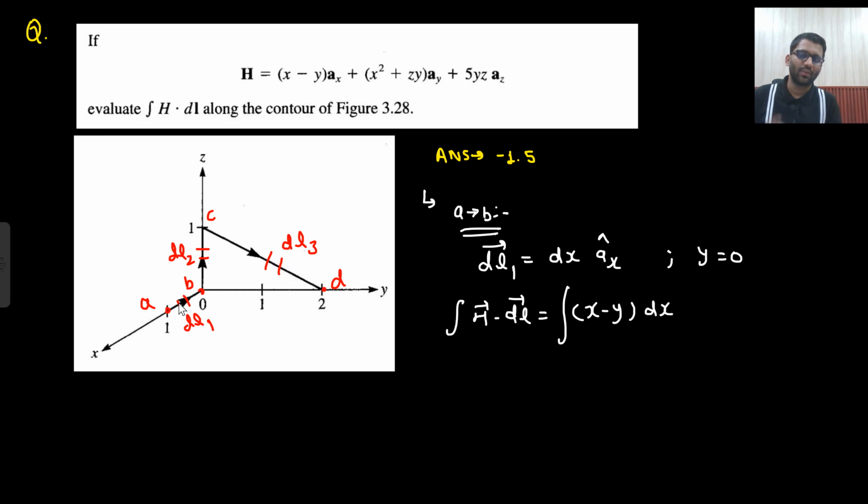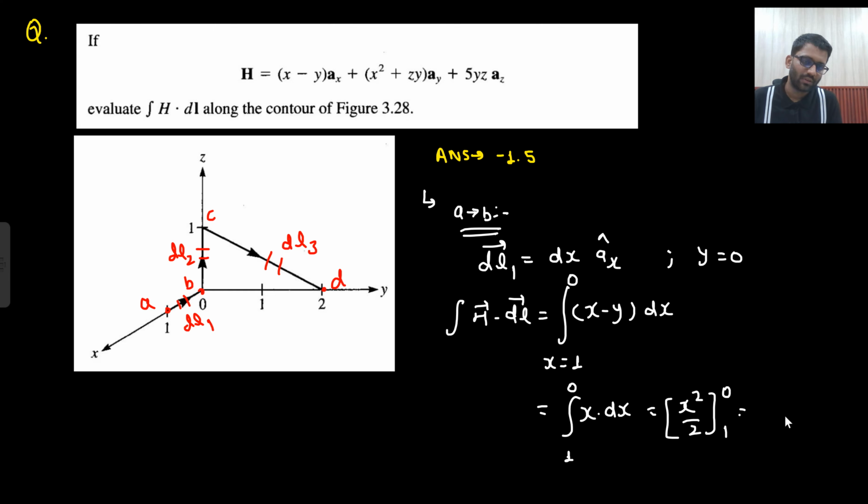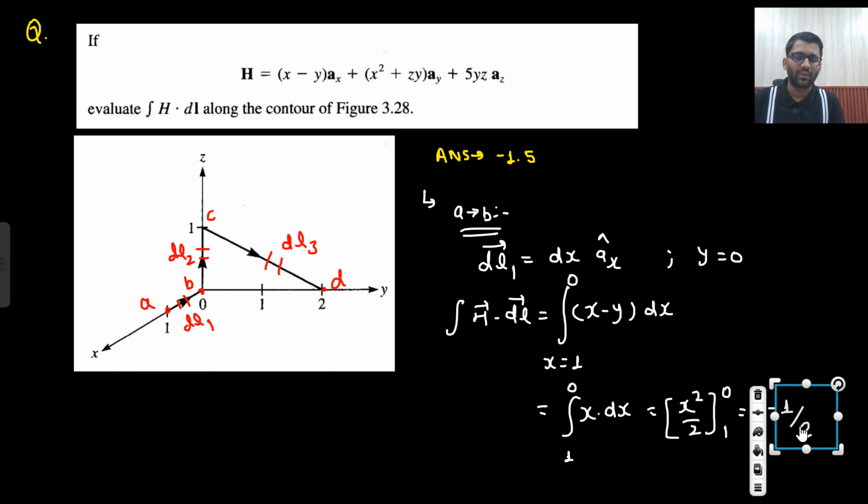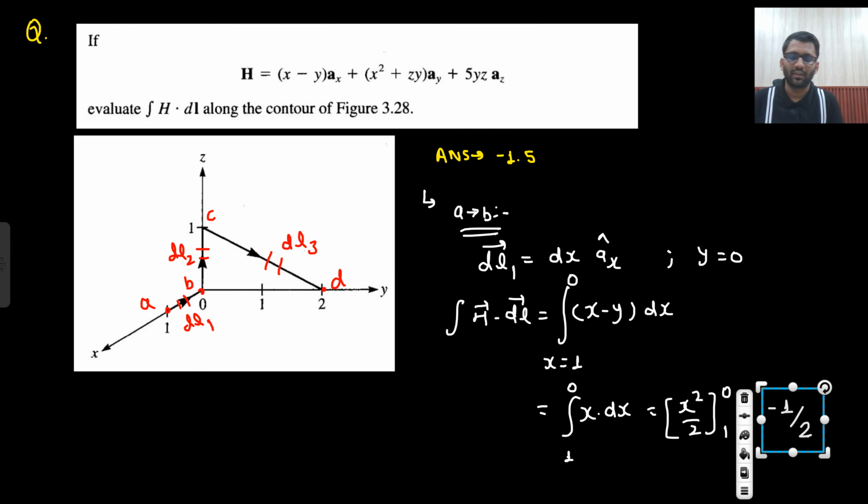So I can put y equals 0, and x is changing from 1 to 0. So x dx from 1 to 0, x square by 2 from 1 to 0. So minus 1 by 2. Here I should not write H dot dl, I should have written H dot dl1.